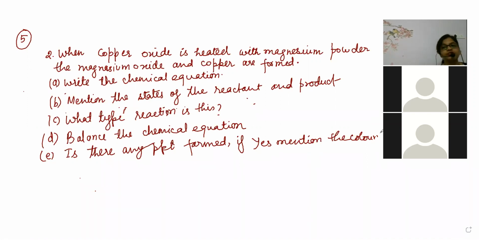Now, what is the best way of answering the question? What question they have asked, accordingly we have to answer. But we should not get confused. So first, we will write the reaction.